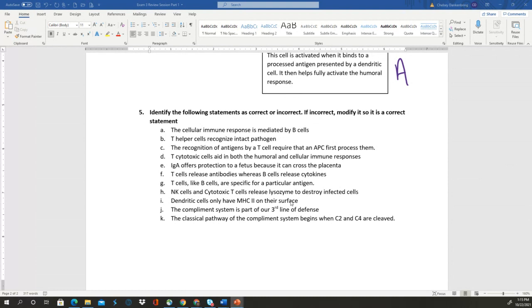All right. What are we at now? Oh, last one. The classical pathway of the complement system begins when C2 and C4 are cleaved. What do we think of that? Good. That one is false. The classical pathway begins with C1 being cleaved.